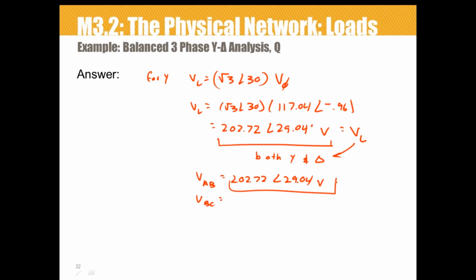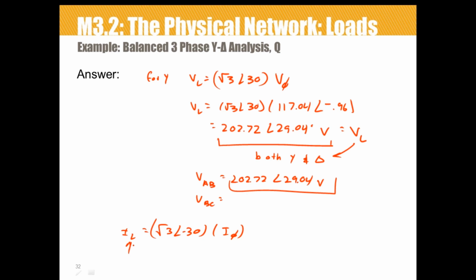The next thing that we needed to know was the load currents. And on the previous current calculation, we calculated the line currents. And in a delta load, I line is equal to radical 3 angle negative 30 times the phase current.